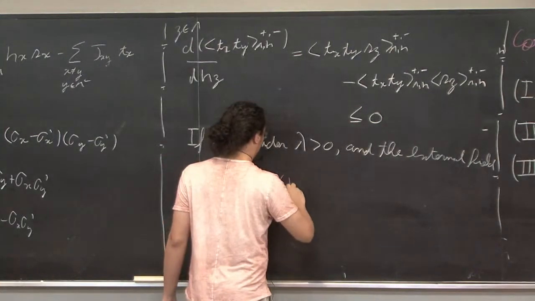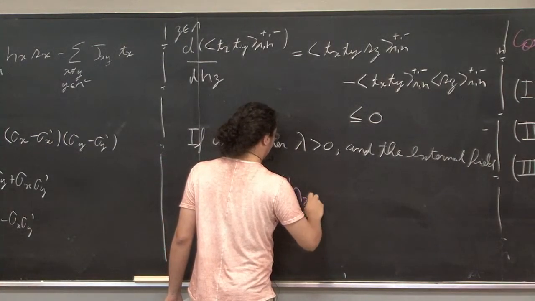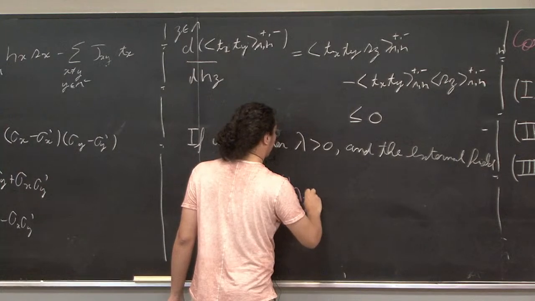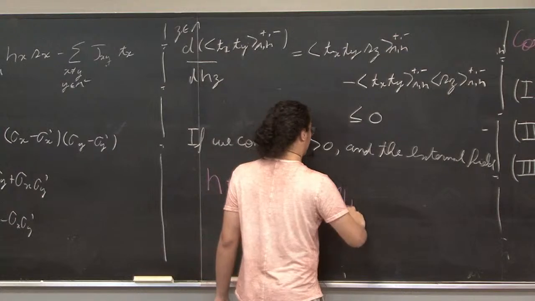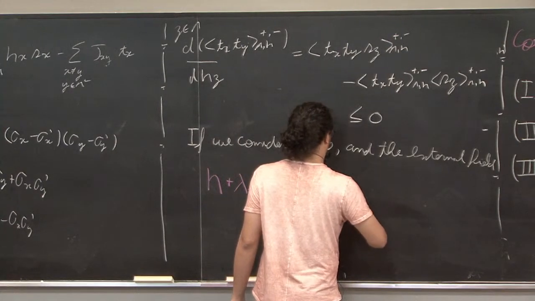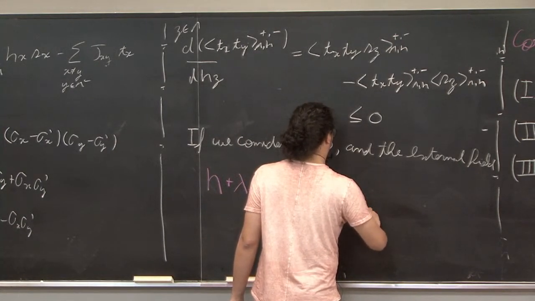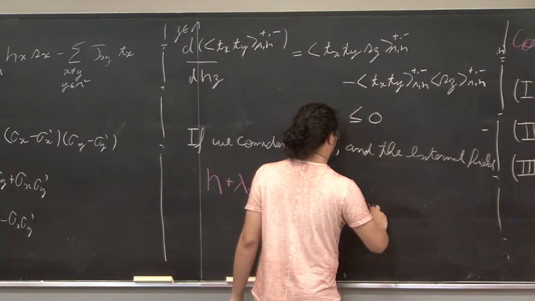At a site z, you just copy the external field, but you add this parameter lambda whenever z is not x or y.